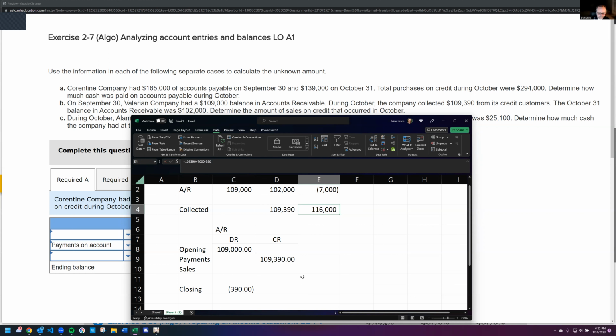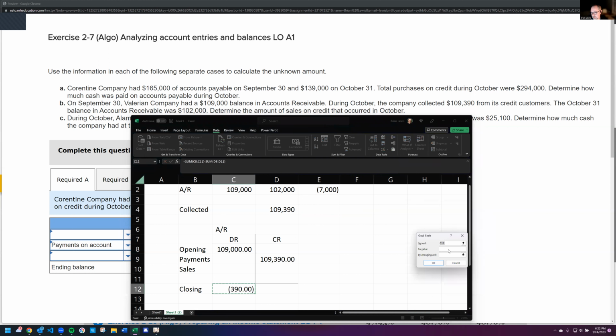That didn't quite work, did it? So the question is just back to the Goal Seek. What if? Goal Seek. Take that to 102 by changing this. 102,390.